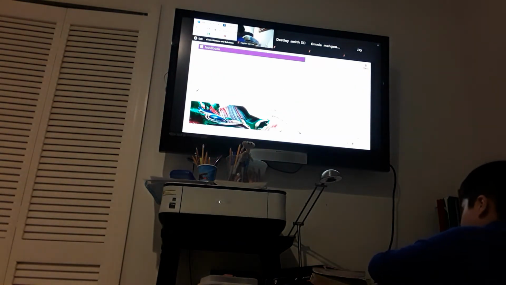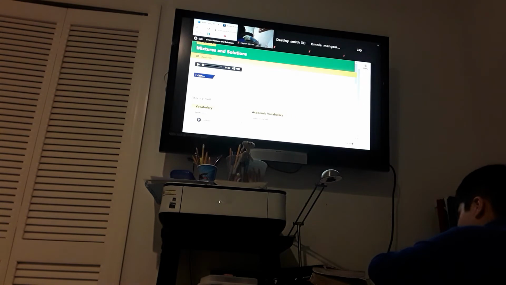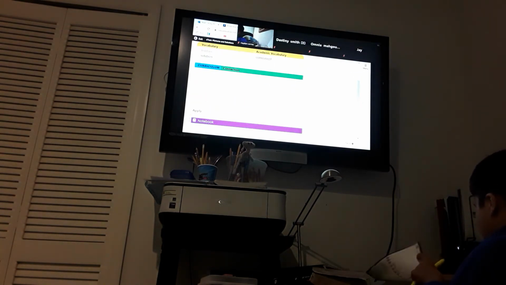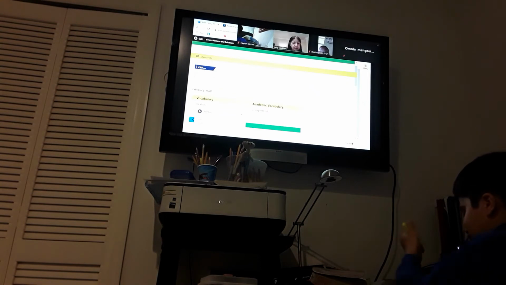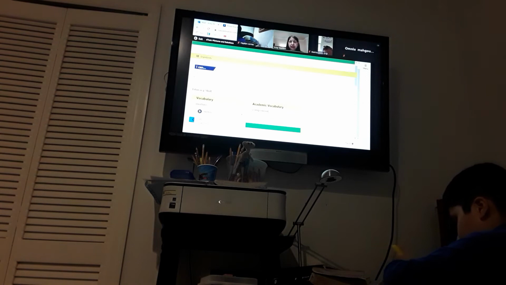Make sure you know the difference between the mixture and the solution. So first off, the mixture: a substance where different materials are put together, but each keeps its own properties. That's a mixture. If I mix peanuts and raisins, it's a mixture.